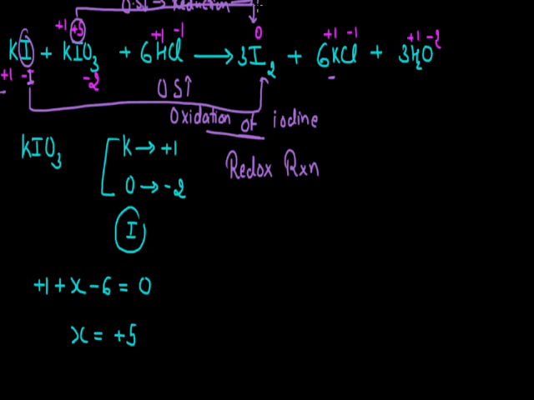So here again it's the reduction of iodine, and this kind of reaction, where a single element shows the oxidation process as well as the reduction process, is termed a disproportionation reaction.